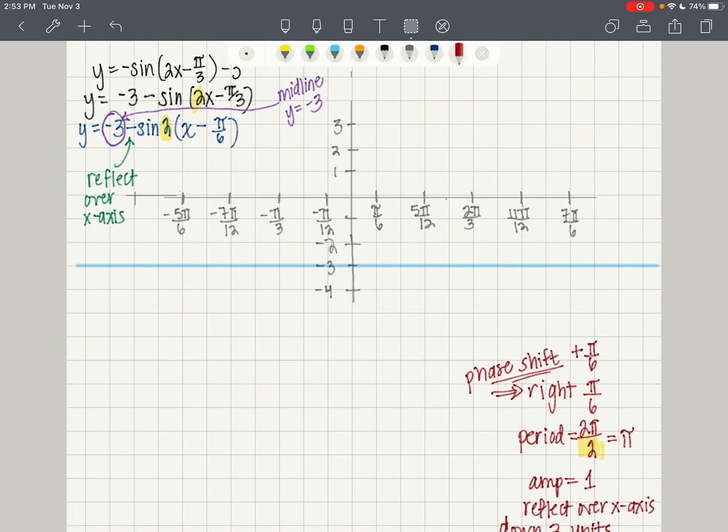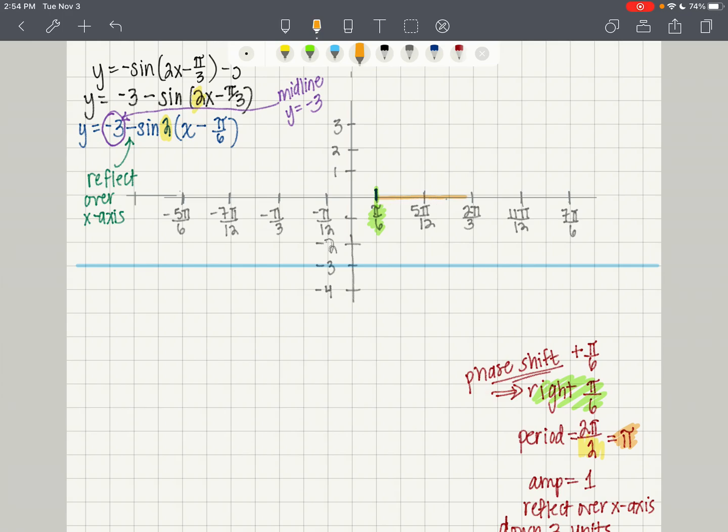Okay, so we've got our intervals, and let me explain how the intervals are going to work. We know that we're going to go right pi over 6. So here's that right pi over 6. That's where we're going to start. The horizontal length is a length of pi.